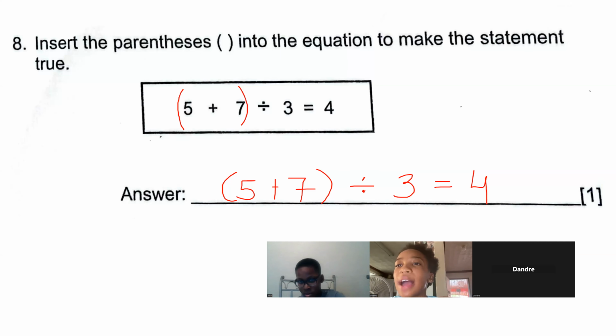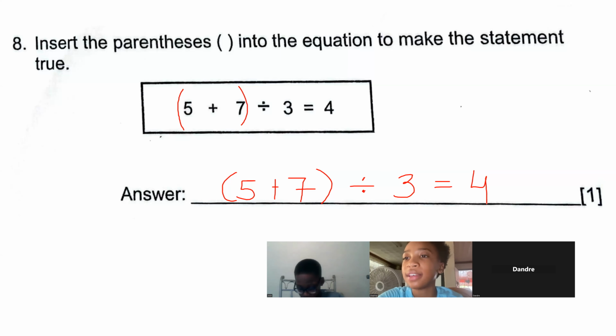It's between the 5 and 7 because we can't put it between 7 divided by 3, because then we are not going to get the right answer.